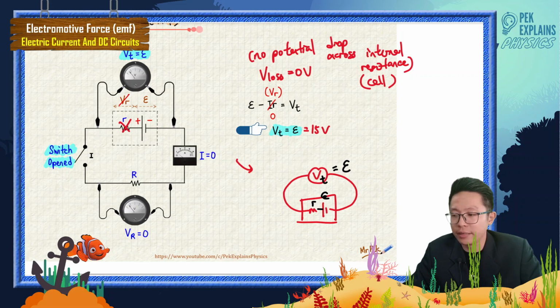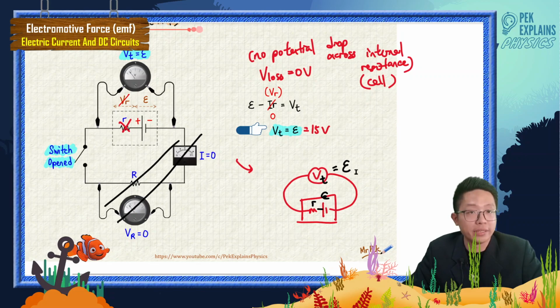The external part is like not existing because the switch is open. So it's just like the voltmeter connected directly to the battery. If we connect the voltmeter directly to the battery, we will get the EMF.